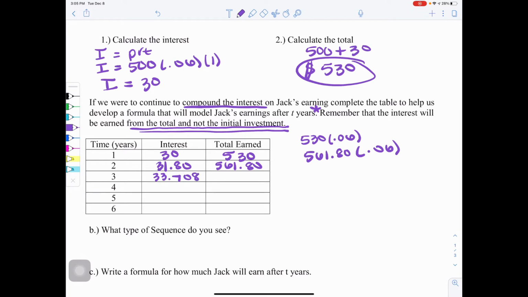Now I know you're probably looking at me like, what? Interest is money, and I can't have more than 2 decimal places. But in order for us to see the accuracy of this, I'm going to use all of the decimal places. So that's going to give me a total of $595.508.